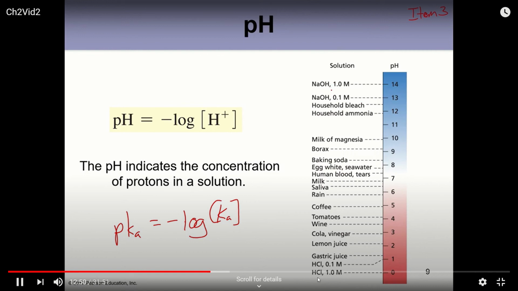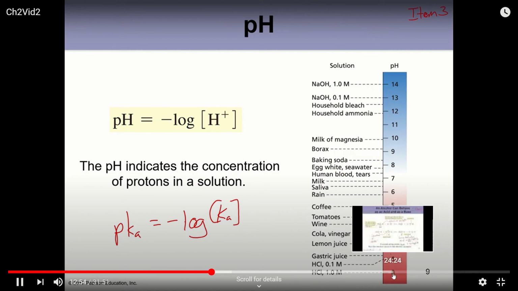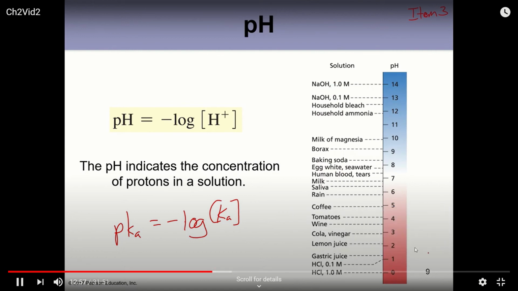And for a pH of 0, that is equivalent to 10 to the 0, or 1, and that is saying that the concentration of H+ is much greater than 10 to the negative 14th.